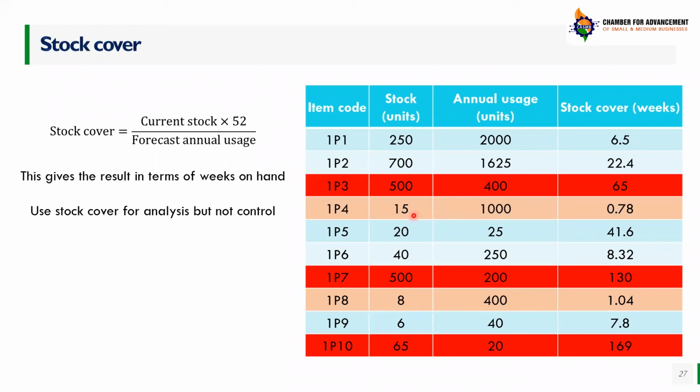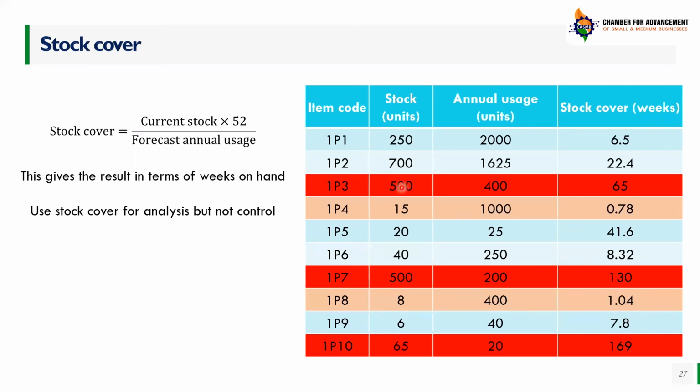Maybe an order is already placed for this item and it is arriving, but still the stock is less than 1 week. Similar is the case here. This is just above 1 week. 8 items are in stock and we require 4,000 units of that item. So these 8 units are sufficient for just 1 week.